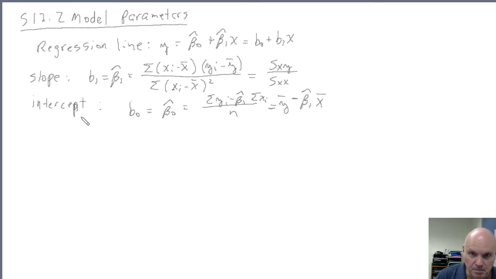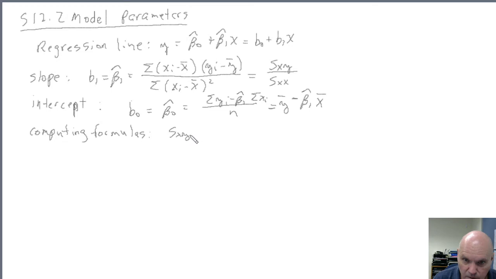Actually, instead of computing these summations using these formulas, there are simpler computation formulas that are easier to use when you lay out the data in a table.